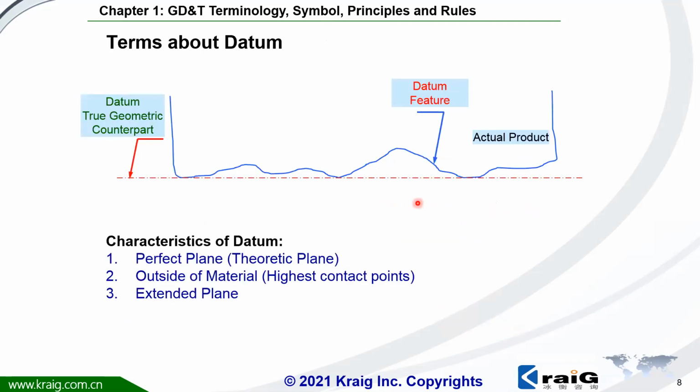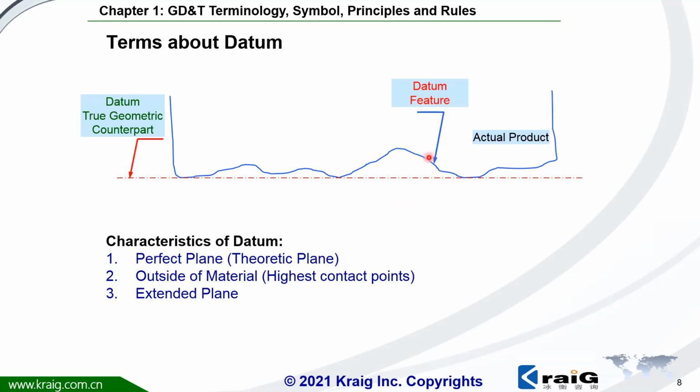Before we understand where the datum is, we should understand some important terms about datum. First, the real bottom surface, or the physical portion of the bottom surface from the actual part, we call this bottom surface the datum feature. Please remember, it's a feature. Datum feature.